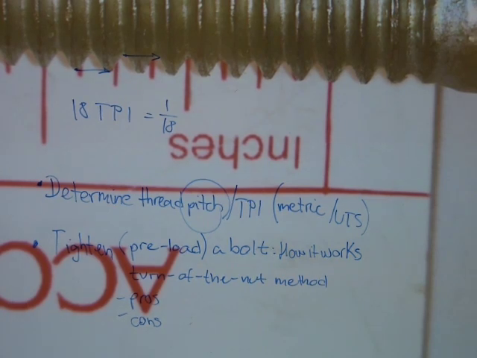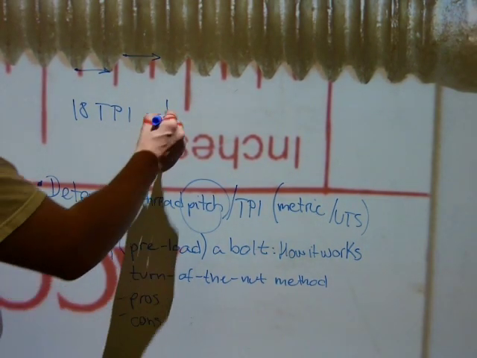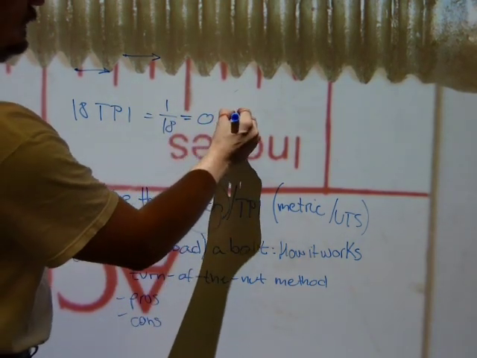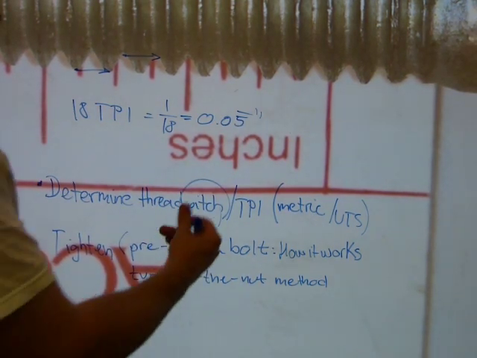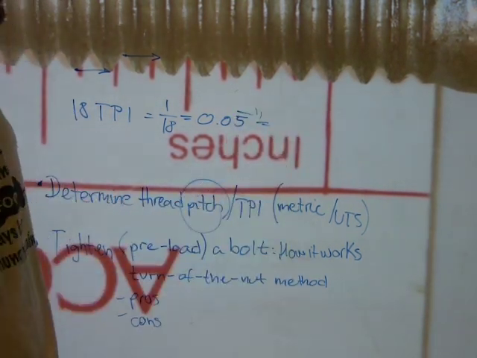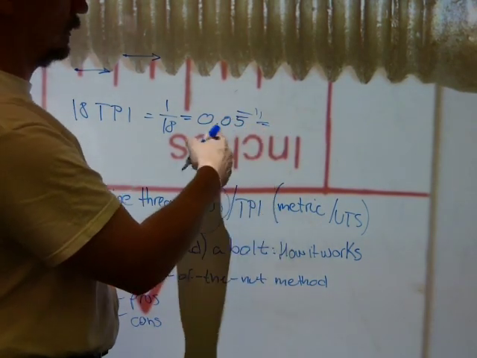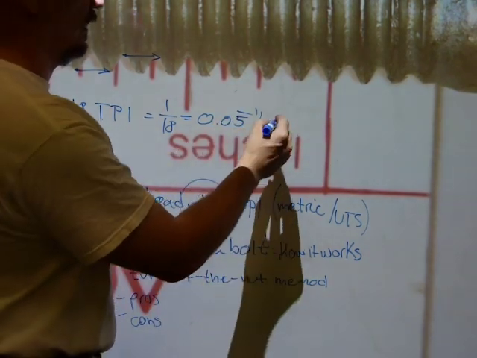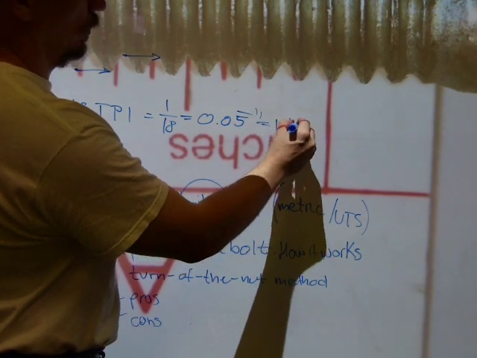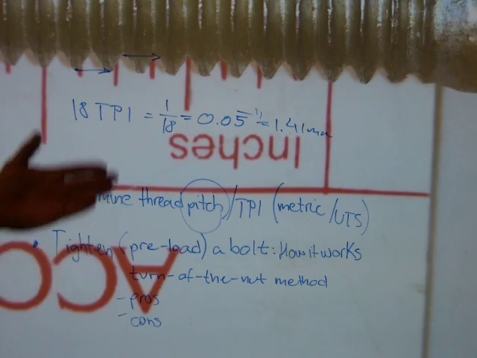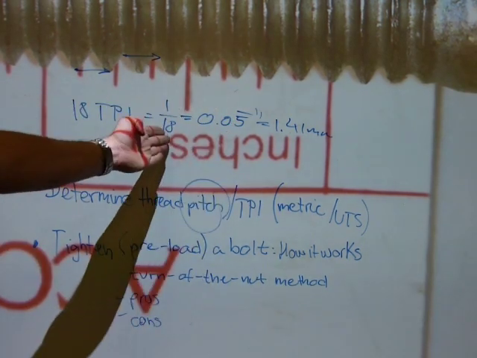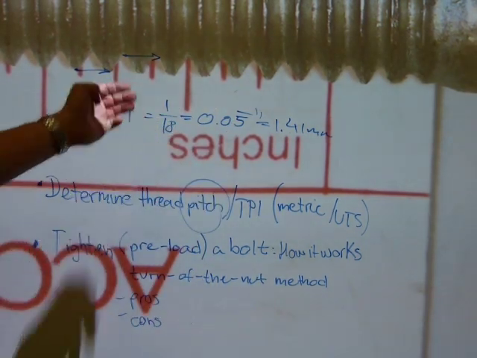If you want, convert it to decimal, or to metric. In decimal format, it's 0.055555, an infinite decimal, and in metric, if you multiply this number by 25.4, you get a 1.41 millimeter distance. Millimeters, decimal inches, fractional inches, it doesn't matter.